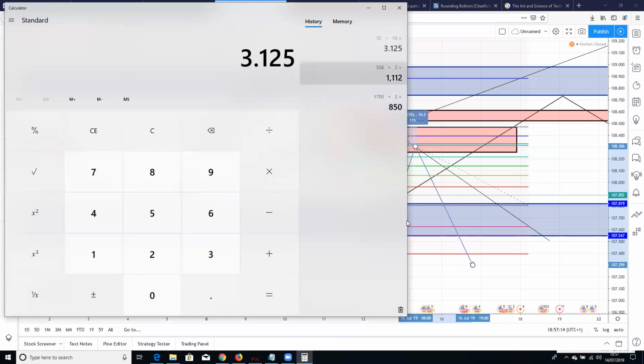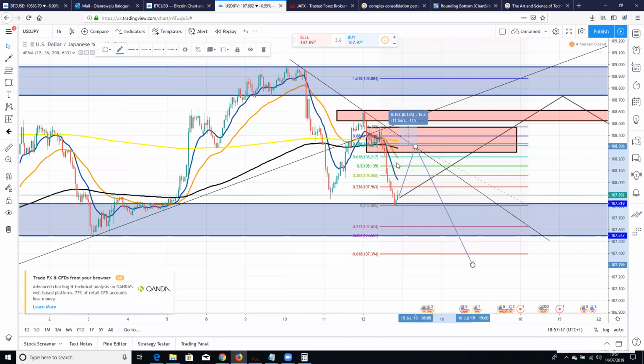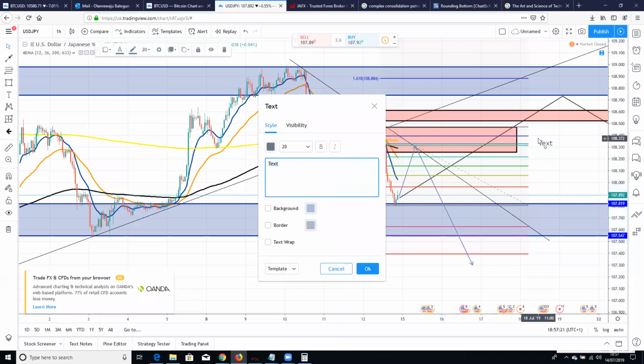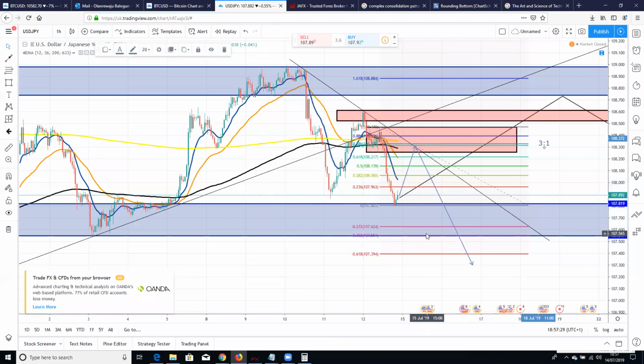So almost 3 to 1 risk reward ratio we are looking at with this opportunity. All right, so far so good, as we're coming back to this level. Okay. So I'm willing to call it a day now.